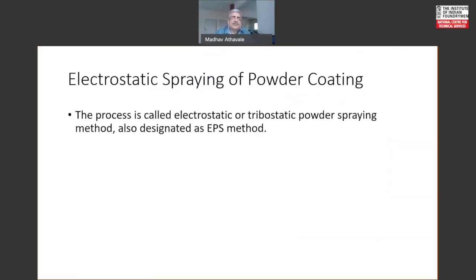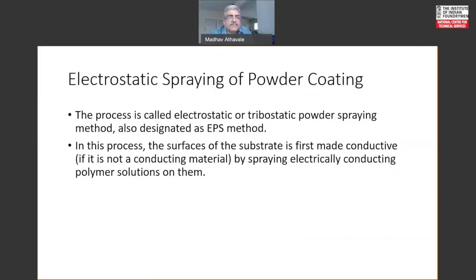Now, a few words on this. This process is called electrostatic or tribostatic powder spraying method, also designated as the EPS method, electrostatic powder spray. Now, in this process, the surface of the substrate is first made conductive, if it is not a conducting material, by spraying an electrically conducting polymer solution on it.